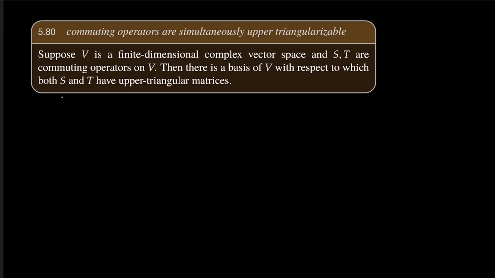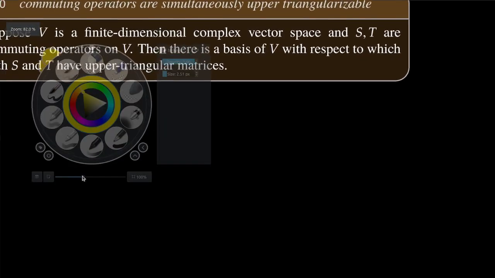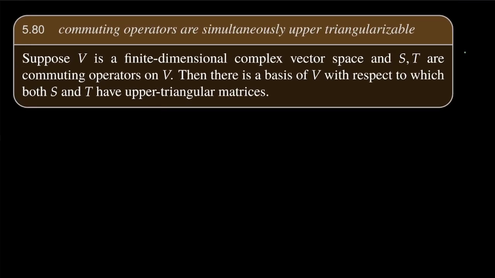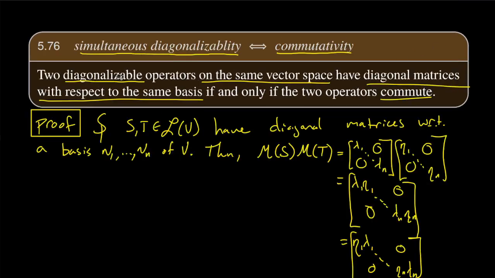Okay, up next, we're going to show that commuting operators on finite dimensional complex vector spaces are simultaneously upper triangularizable. Notice, before we said that if you have diagonalizable operators on the same vector space that commute, then they can be diagonalized by the same basis. They're simultaneously diagonalizable.